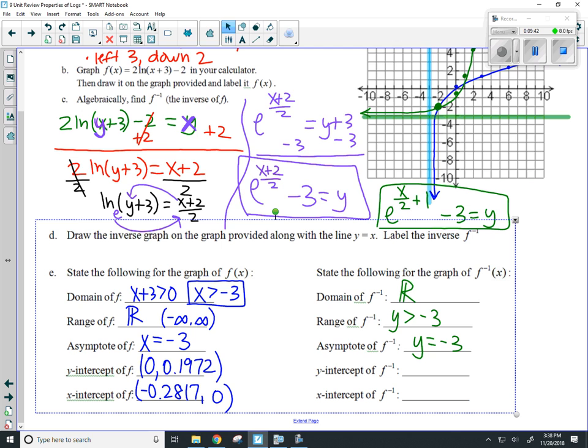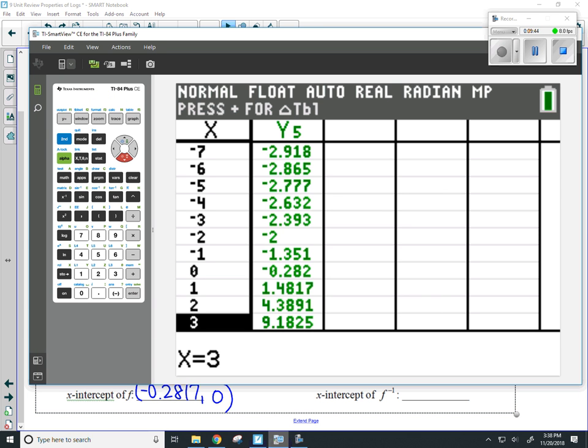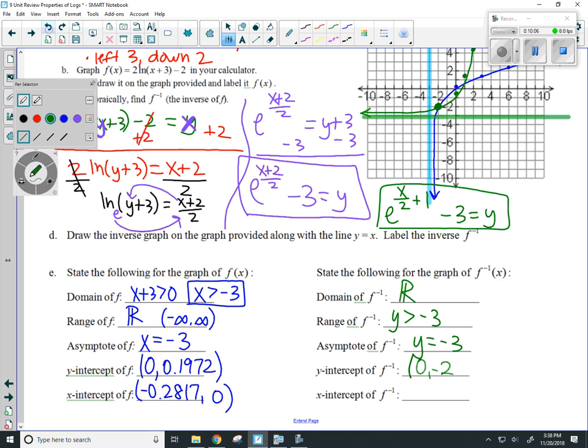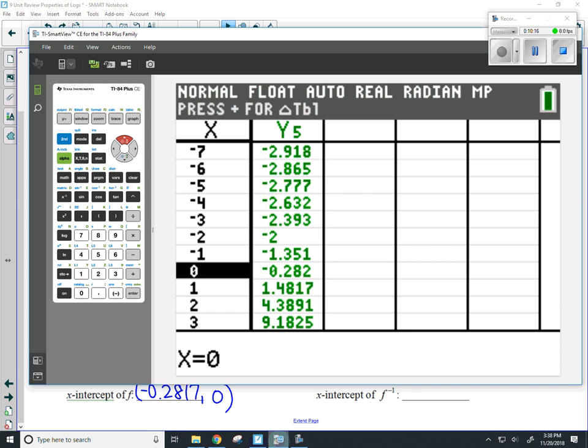Then your x and y intercepts. If you go back to your table, here is your y-intercept, (0, -2.82). And then the x-intercept, we're going to have to have the calculator find that for us.